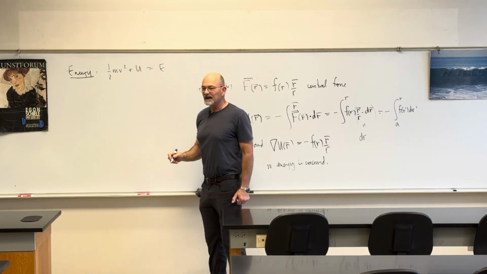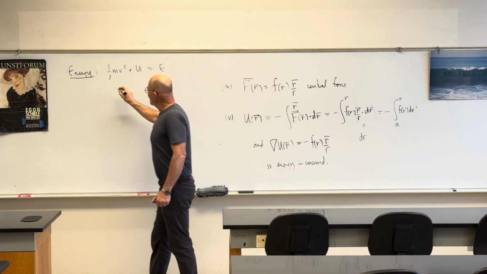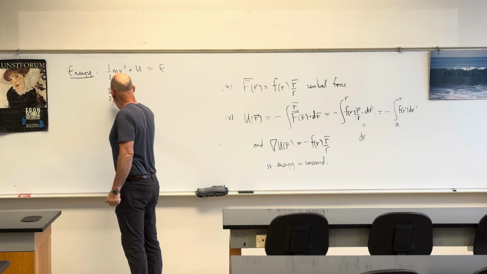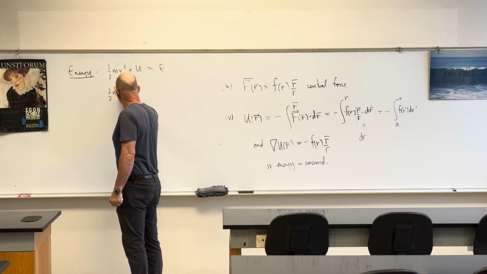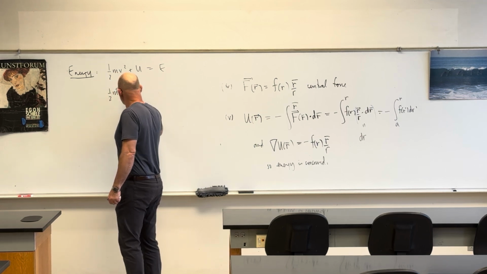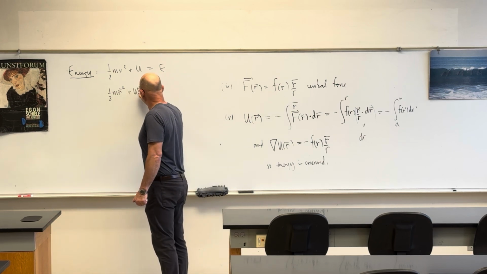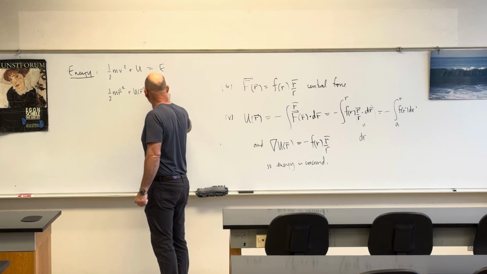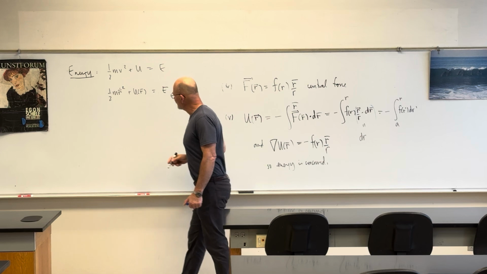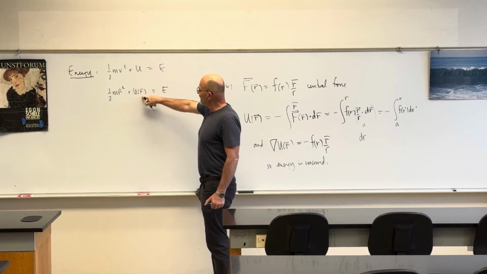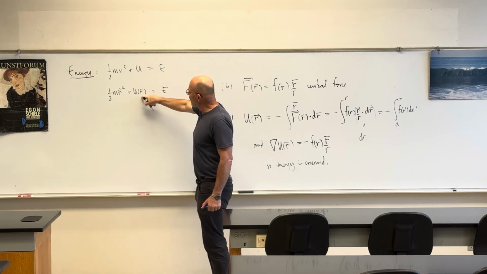That's how we learn it. What this is, 1/2 m r dot, dot product with itself, plus u of r equals E. And we'll leave it there in the sense of the vector for the moment.